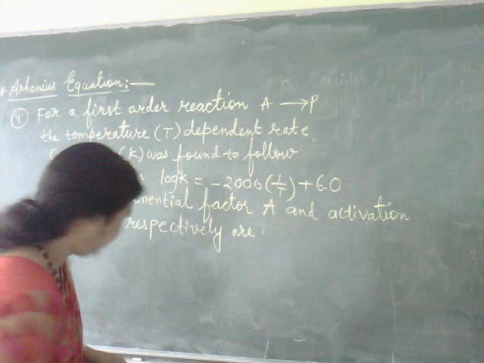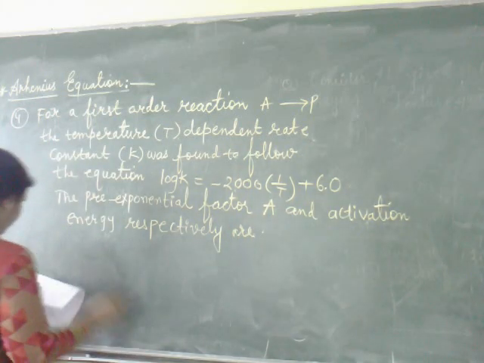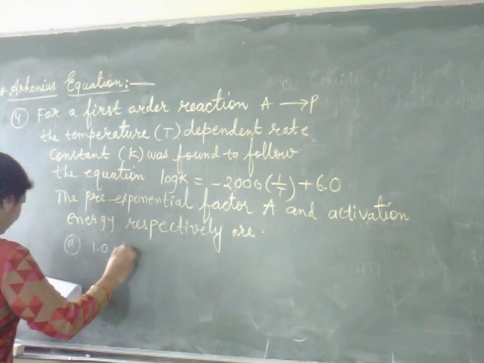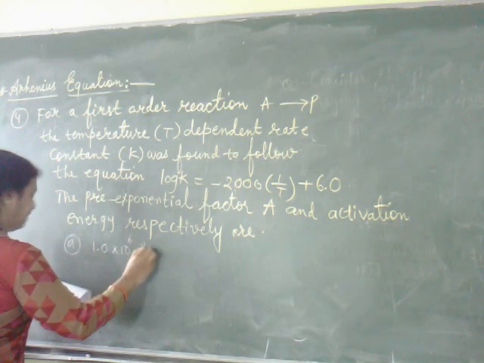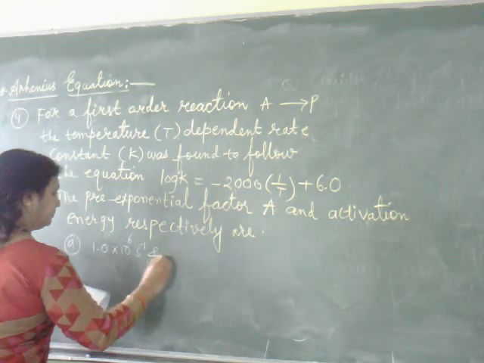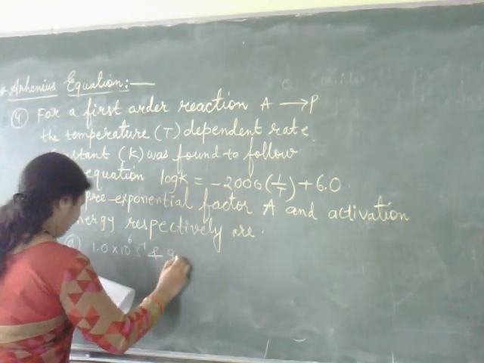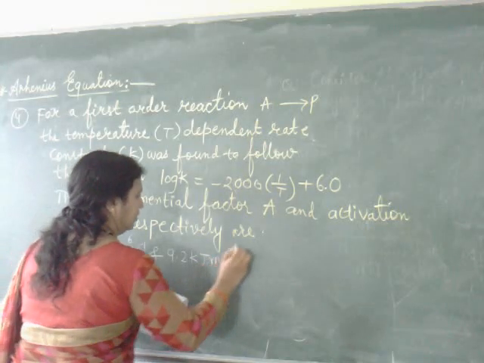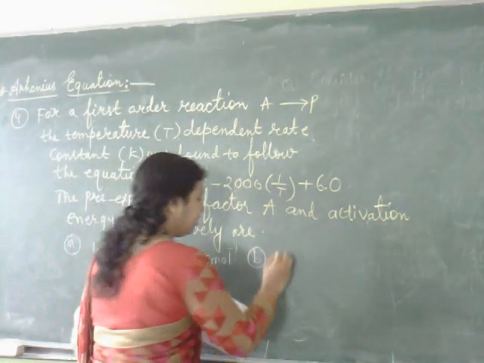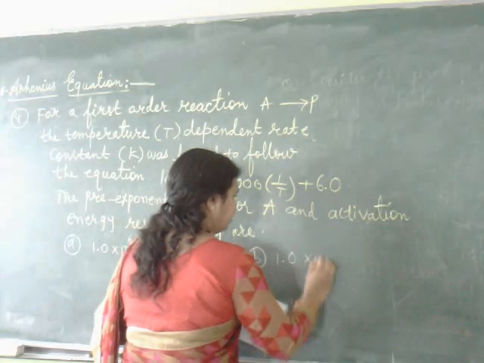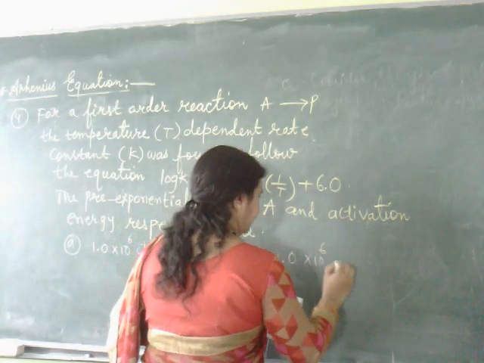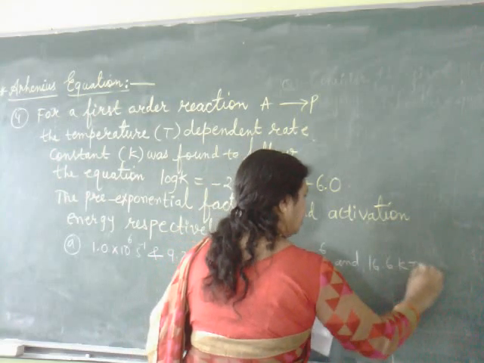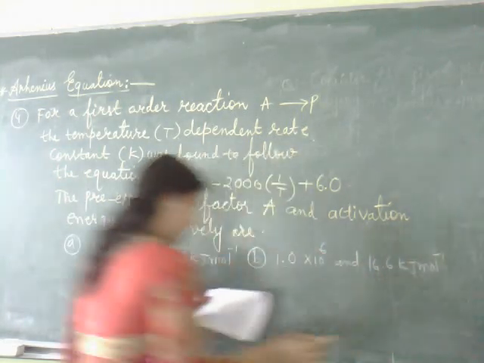Four options given here. A is 1.0 into 10 raised to 6 per second and 9.2 kilojoule per mole. B option, 1.0 into 10 raised to 6 and 16.6 kilojoule per mole.